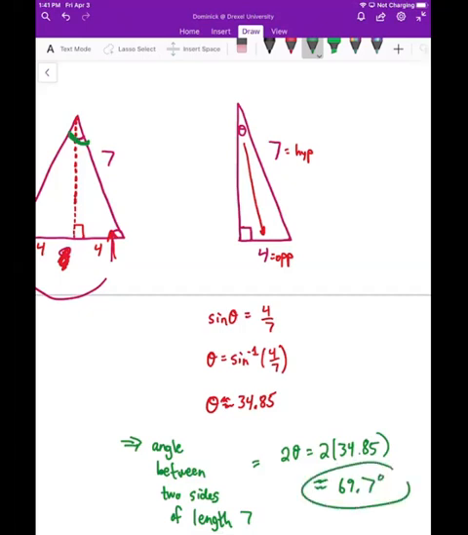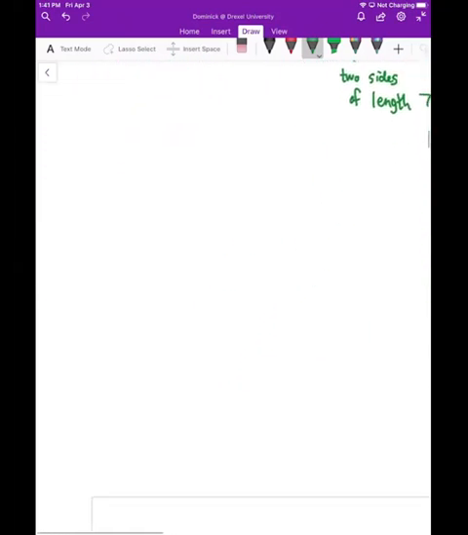So that angle between those two sides of length 7 would be 69.7 degrees roughly. Okay, so that's how we can use the arcsine.